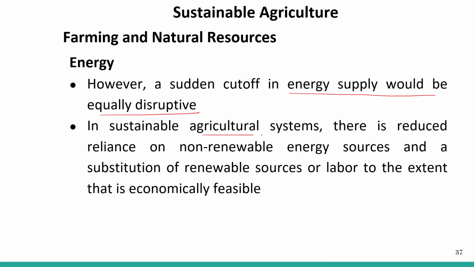In a sustainable agriculture system, there is a reduced reliance on non-renewable energy sources and a shift to renewable sources. So if we are going for sustainable agriculture, then our main emphasis is on the use of renewable energy resources and minimizing the use of non-renewable energy resources.